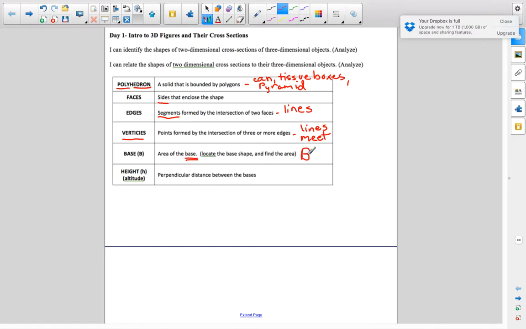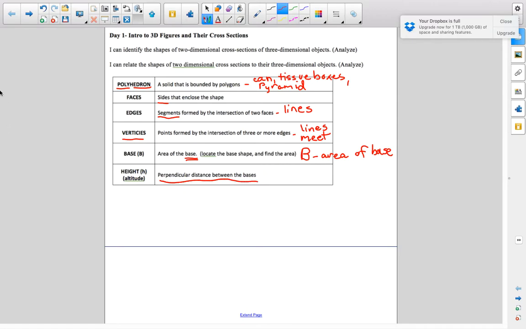The capital B means the area of the base, and we'll get into that more later. Capital B is not the same as small b. The height of one of these polyhedrons is the perpendicular distance between the bases.